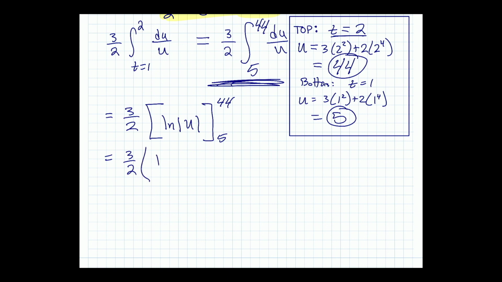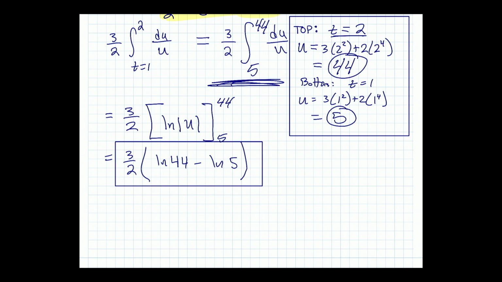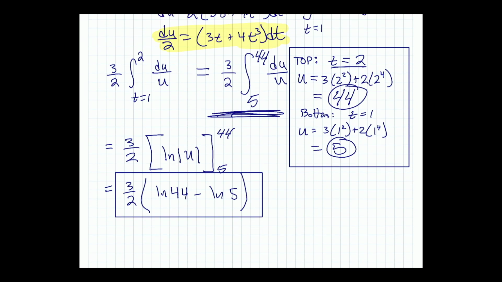We can just put these in here. ln 44 minus ln 5. And that's it. That would be the answer that they expect in the book or in the online homework. Okay? So there you go, that's it.